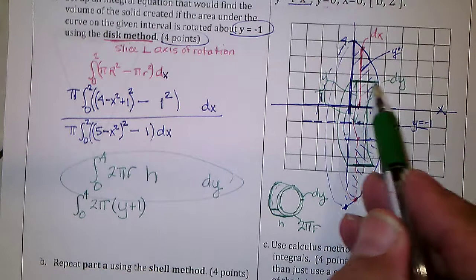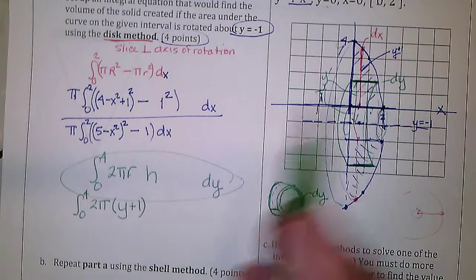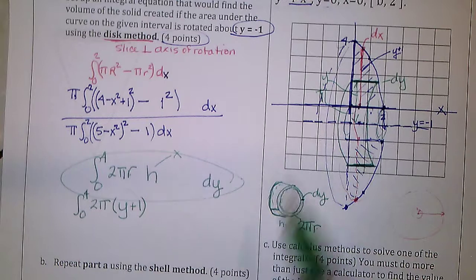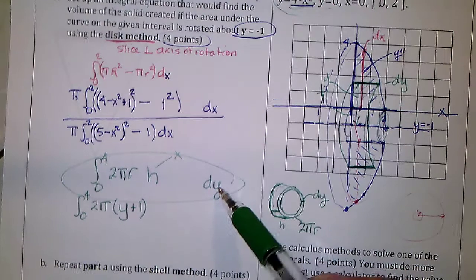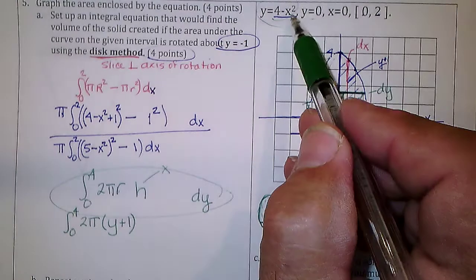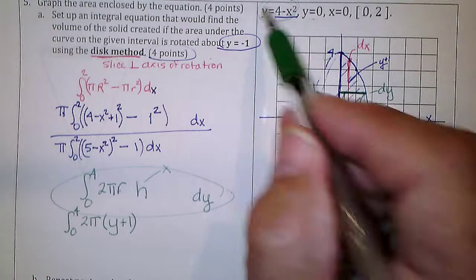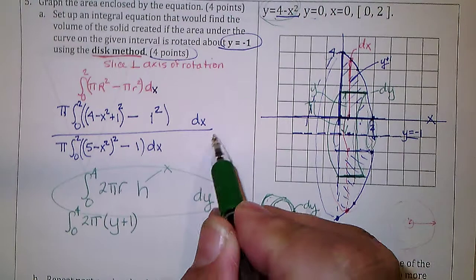What's the height? Well, that's this way. That's x. But x, we have to have it in terms of y, and up here, this says how x relates to y. So we have to use that to figure out what x is.